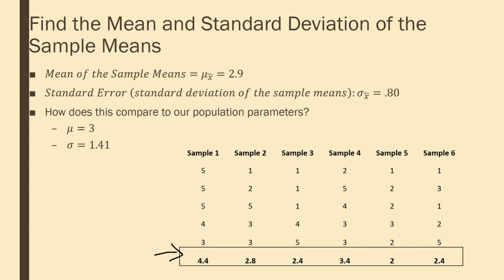The range from 2 to 4.4 is some sort of measure of variability. So 1 through 5 is more variability than 2 to 4.4. So it makes sense that our standard error is less than our standard deviation here.